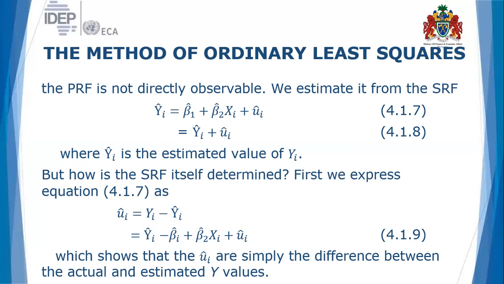In other words, by simple substitution, the mu hat i, or the estimated error term, is simply the difference between the actual and the estimated values of y. In other words, the difference between the population actual value and the estimated, that is the sample, value of y.